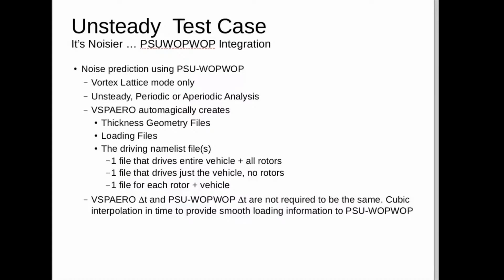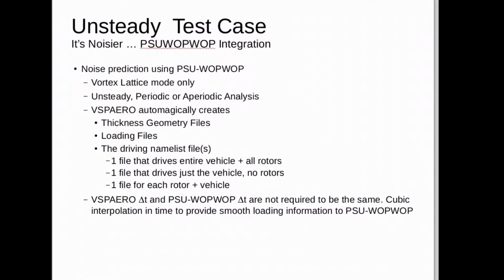And then one file, and it really should say, for the vehicle plus rotors. So you can run the full-up vehicle and then run that full vehicle with each individual rotor. And so you can isolate the individual noise from each rotor and back out which one is perhaps contributing more than others.